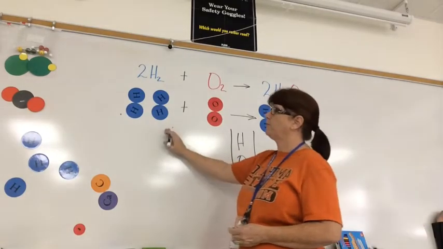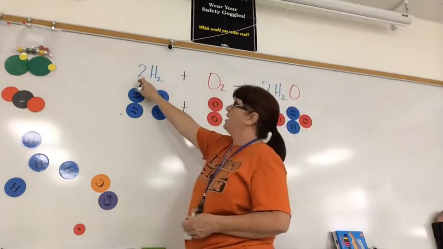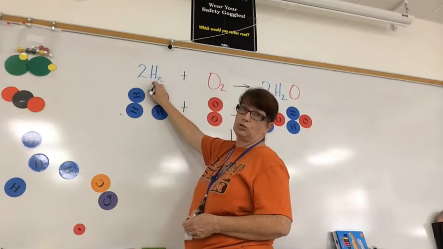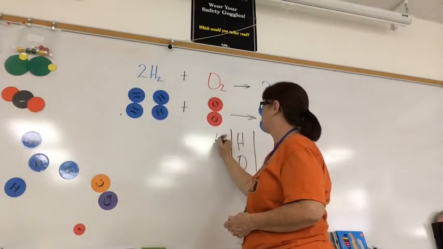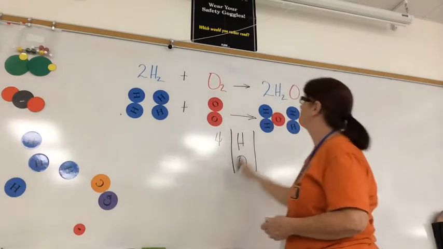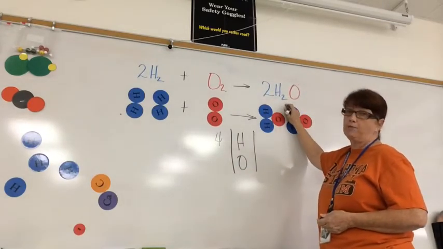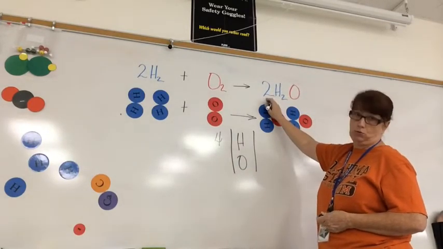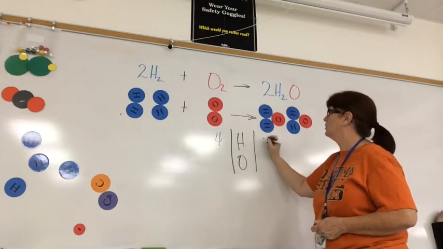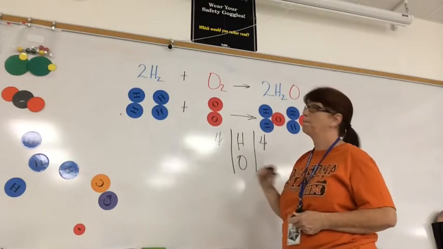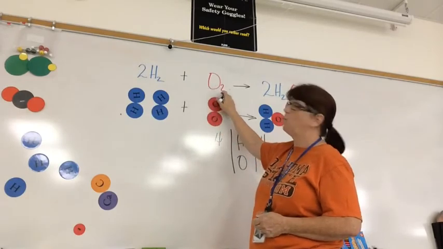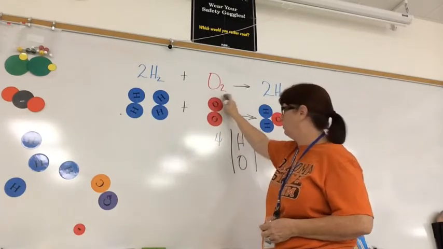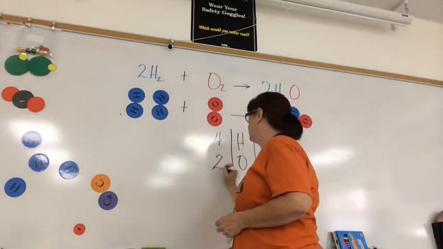On the reactant side, we have two H2s, so 2 times 2 gives us a total of 4. On the product side, for our H's, we have 2 times 2, so a total of 4. On the reactant side, we have one molecule of O2, so we have 2.